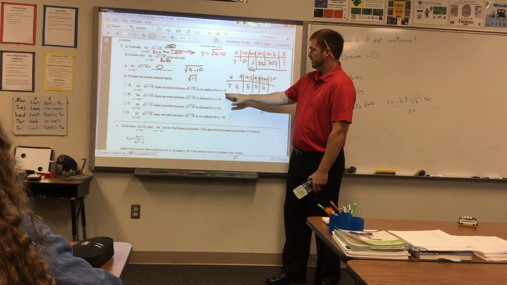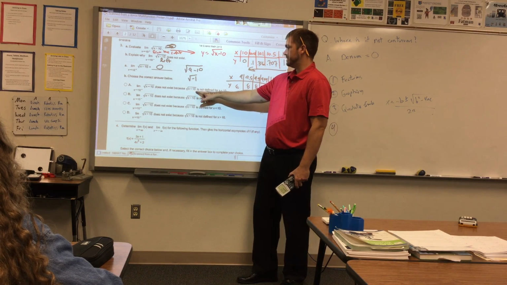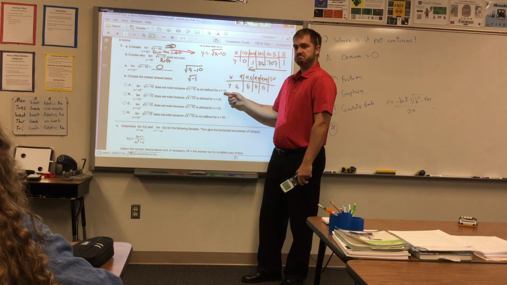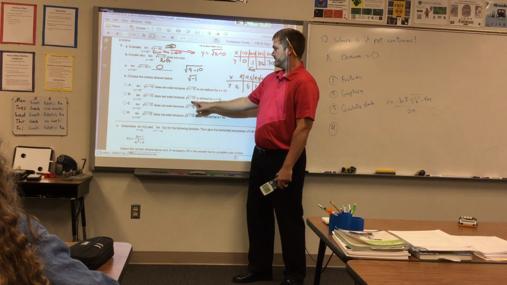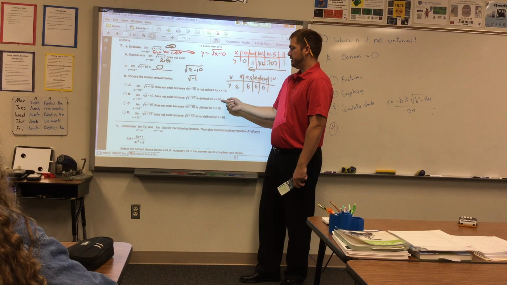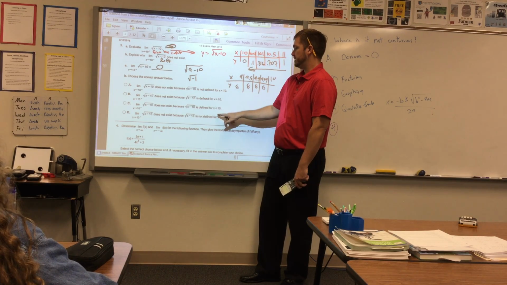So we can say A, the limit does not exist because the square root of x minus 10 is not defined for x less than 10. That seems like a pretty good answer. This one, it does not exist because it is defined for x greater than 10. Well, just because it's defined for x greater than 10, that's not the situation we're dealing with. We're dealing with less than 10.